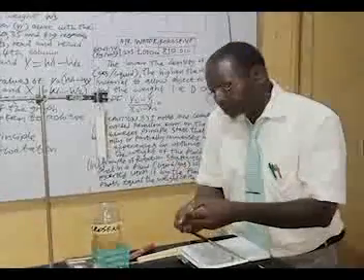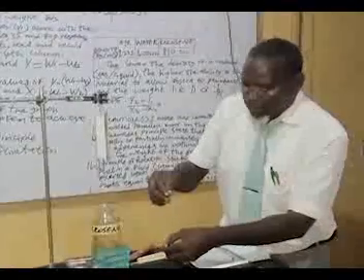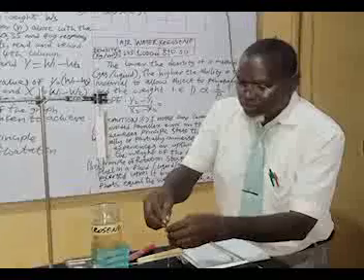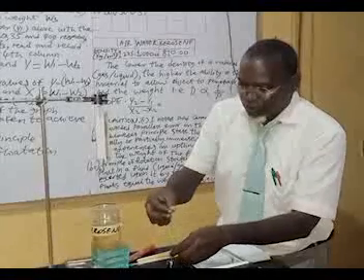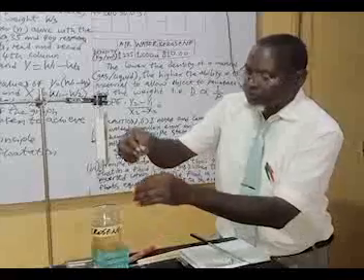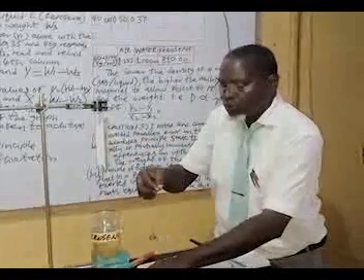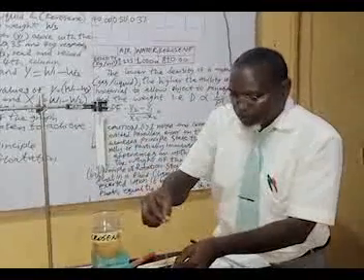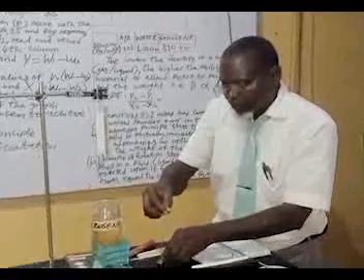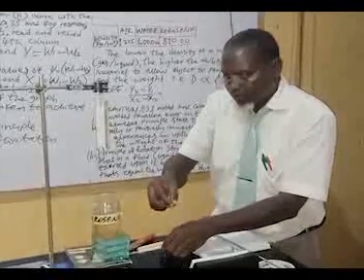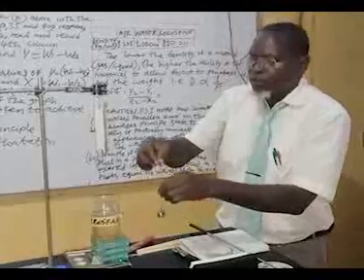Hang it with both hands. First of all, place it on the table. Right hand on the top, left hand below. Use both of them to hold your standard masses, to hold your rope.